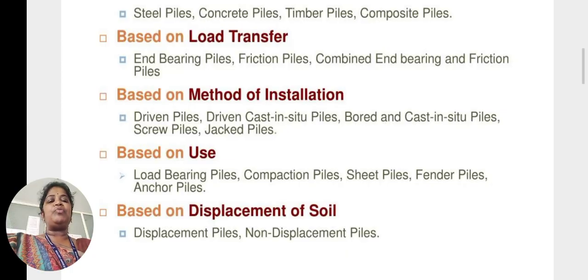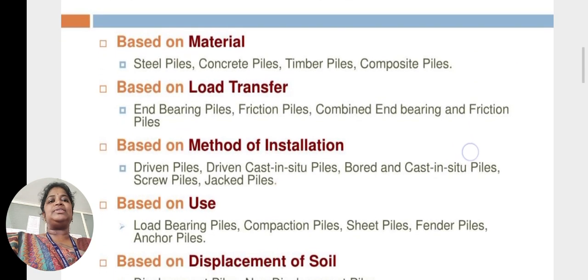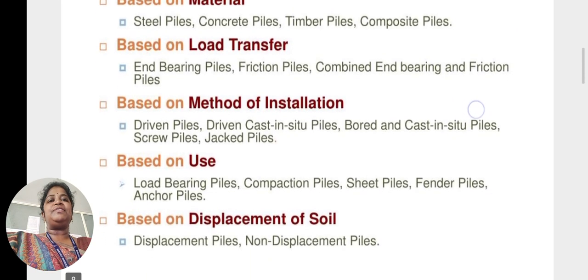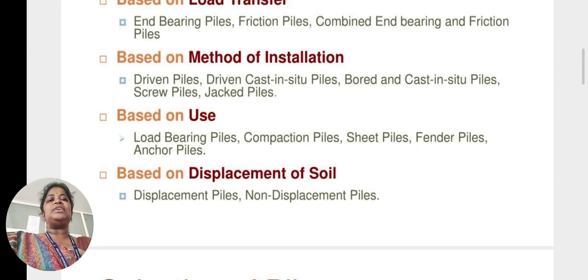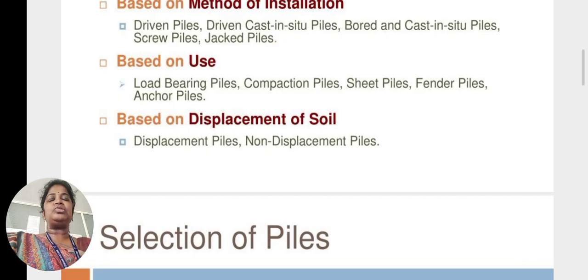Based on the purpose where we are going to use these piles, they are classified into load bearing piles, compaction piles, sheet piles, fender piles and anchor piles. And based on displacement of soil, piles are classified into displacement piles and non-displacement piles. These are the major classifications: based on material, load transfer, method of installation, use, and displacement of soil.